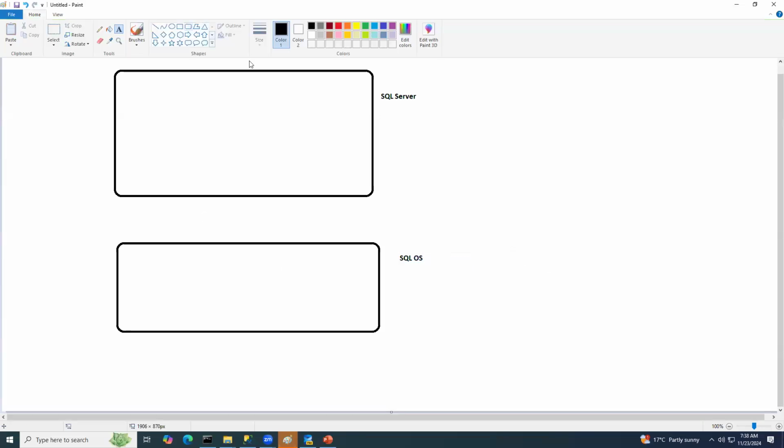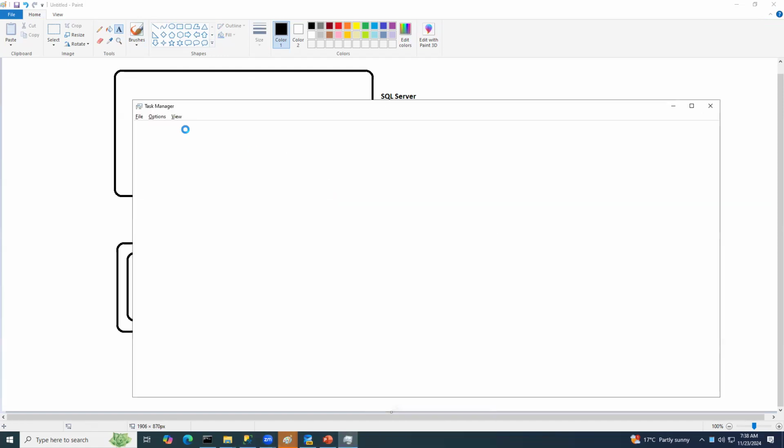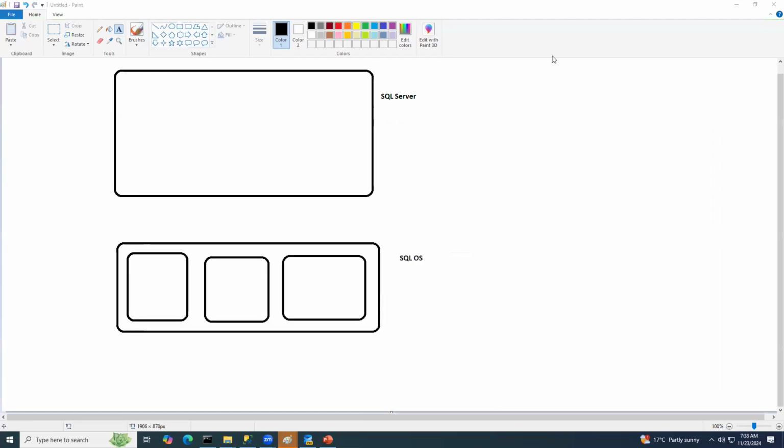SQL OS. So this is SQL Server and SQL OS. Let's say I have 3 CPUs at the Windows level. You can go to Task Manager, performance, and see multiple CPUs on this computer.